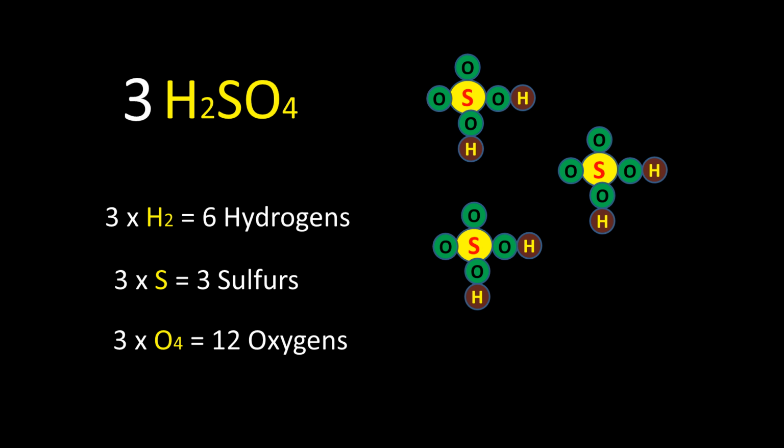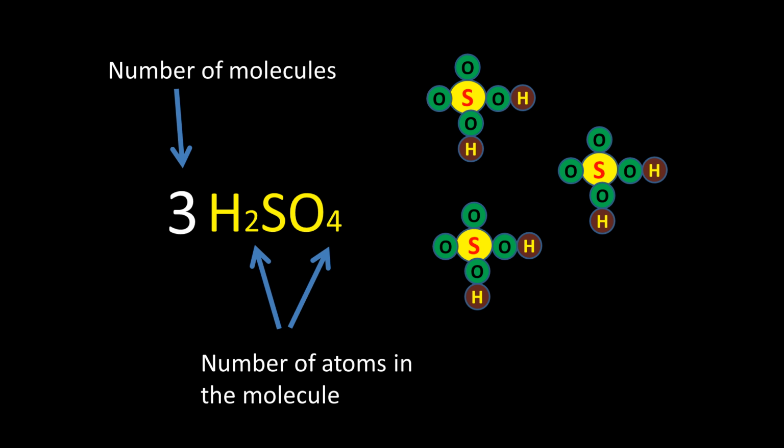All right, so part of what confuses students a lot of times are the numbers. What does each one of these numbers mean? There's a big number, and then there are these small numbers. The small numbers, like the 2 and the 4 of H2SO4, represent the number of atoms in the molecule. In my example, it was the number of pieces of bread, the number of pieces of ham.